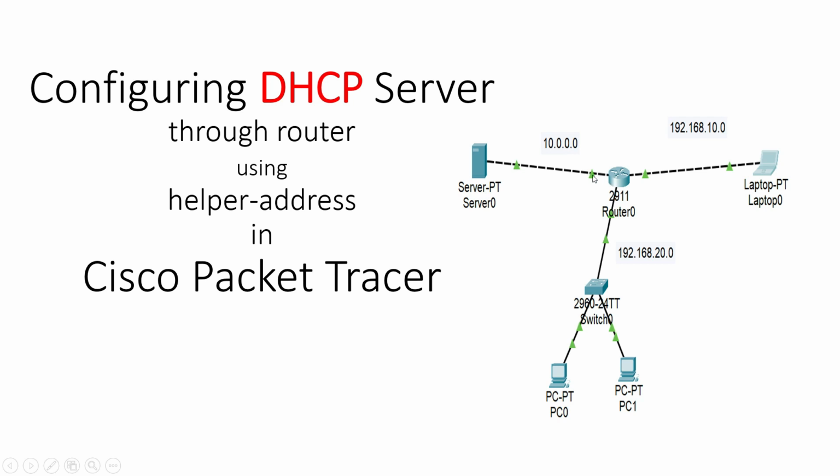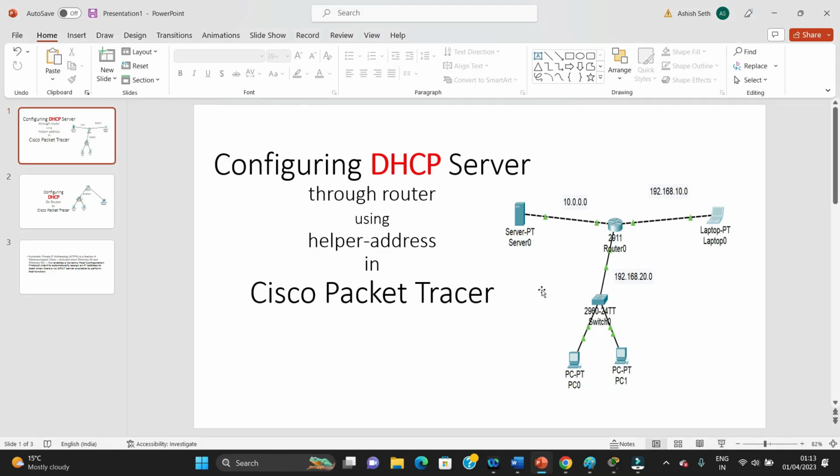So in this one the IP is 10.0.0.1, this is 192.168.20.1, and similarly 192.168.10.1 is assigned to the router. And the server IP we are giving as 10.0.0.2. So we keep this information in mind, and then we will design our topology.